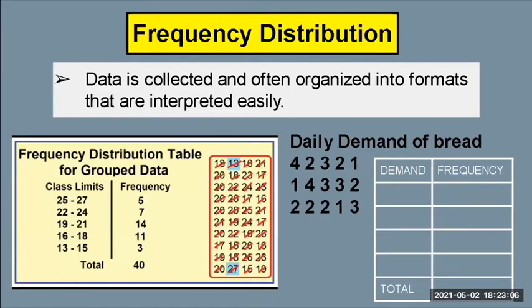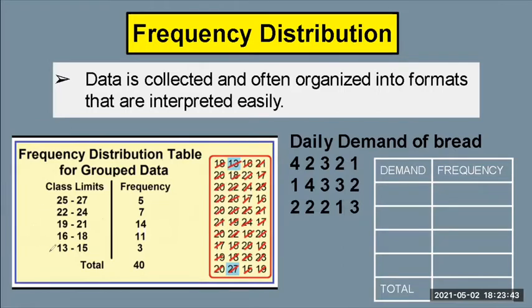What is the frequency distribution? Frequency distribution is data collected and often organized into formats that are interpreted easily. So we have an example here. There is a list of numbers which we consider as our participants, our respondents. These numbers are being counted.